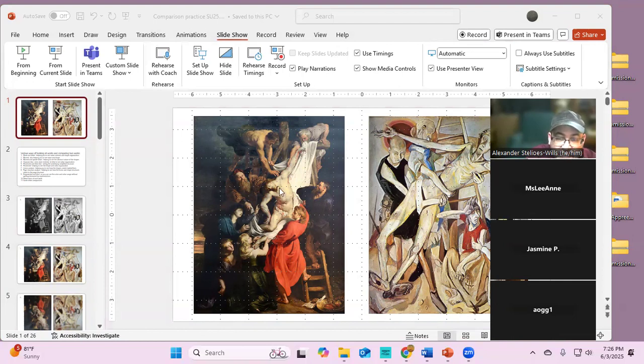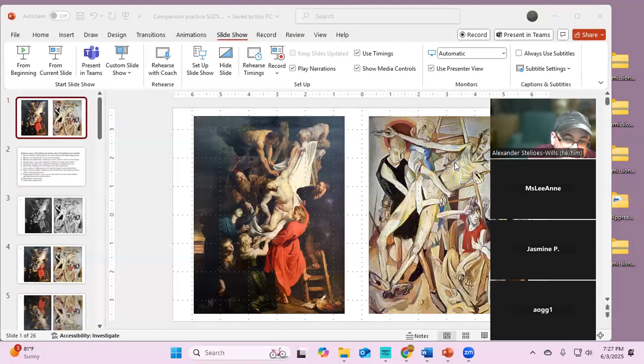So in the Rubens painting, value and value organization and the light shining in the dark space is the primary way that he creates unity. It's the primary way that he creates contrast, like the distinctions between things. And it's the primary way that he creates emphasis, like telling us what's important. Whereas in the Beckmann, value is very different.